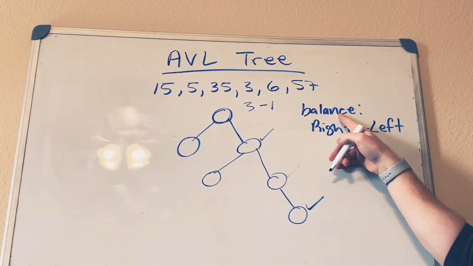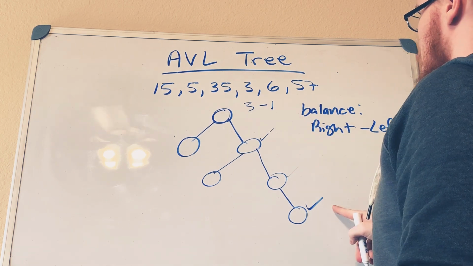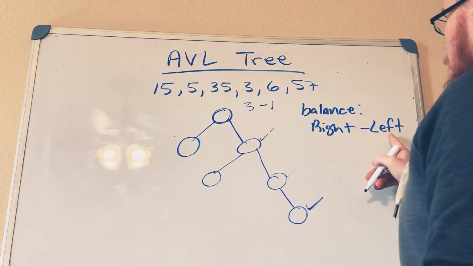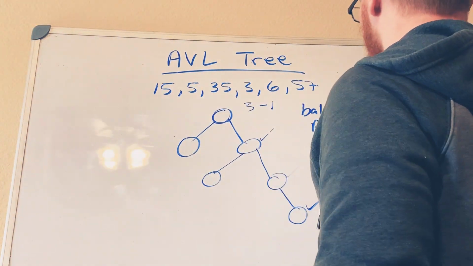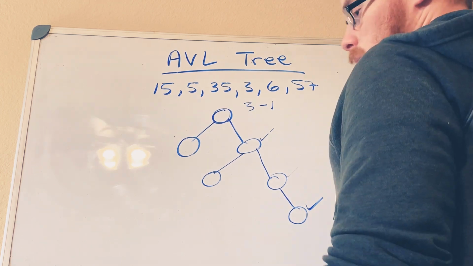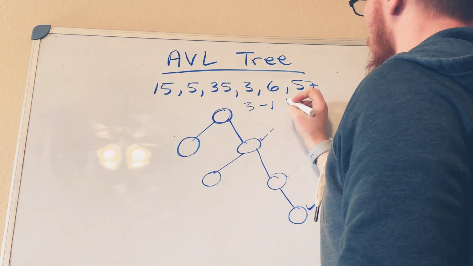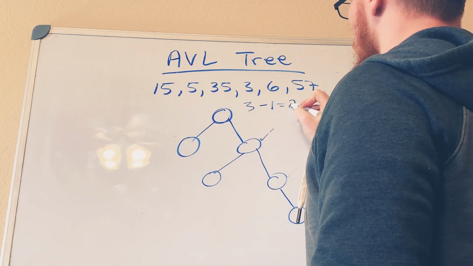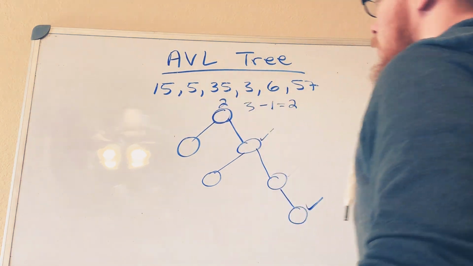So the balance of a particular node is going to be the right height, which in this case is 3, and then the left height, which is 1. So we know how to find the balance. It's going to be 3 minus 1 equals 2. So the balance of this node is 2.